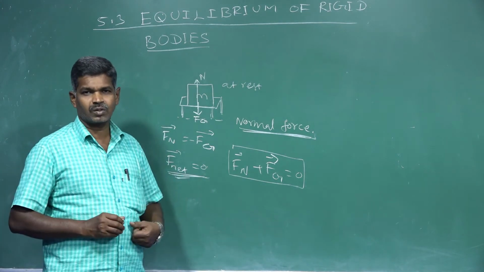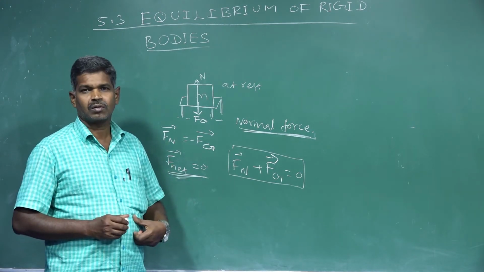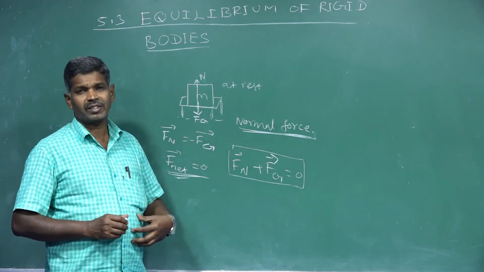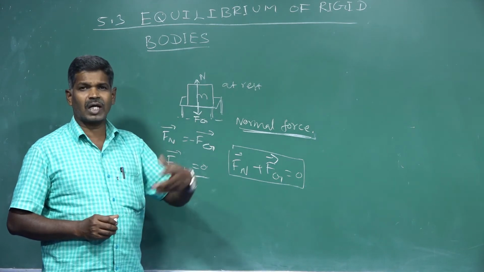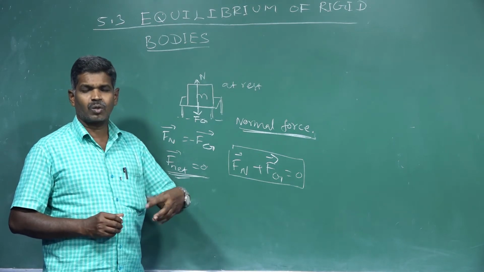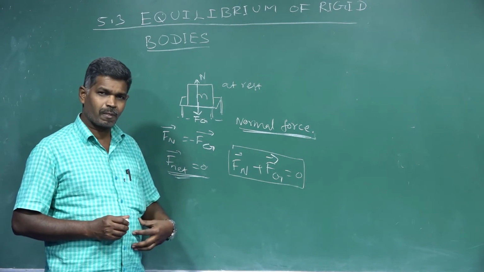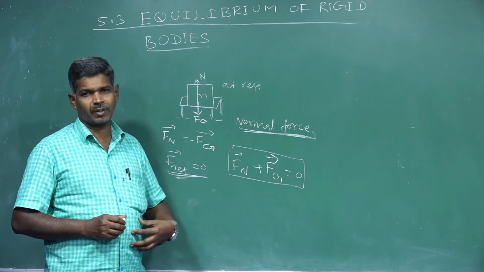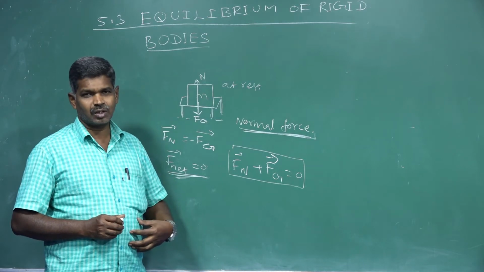Like that, which physical quantity makes a rotational motion of our rigid object? Torque acting on the object produces the rotational effect on our rigid object. So there also, if any object is in rotational equilibrium, we say the net torque is 0.